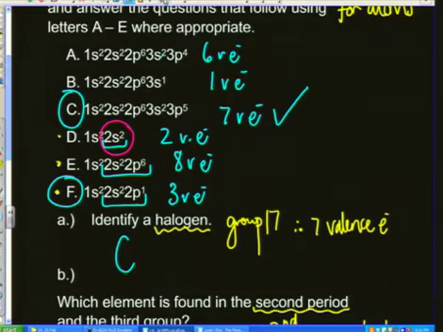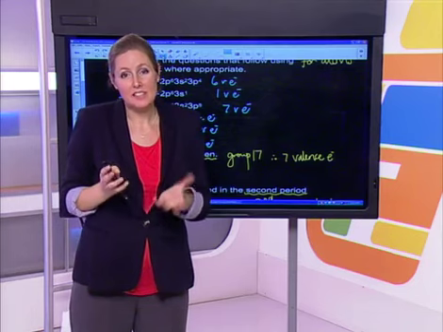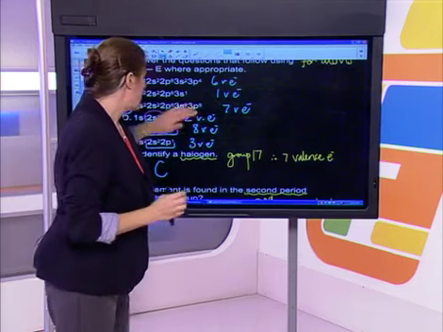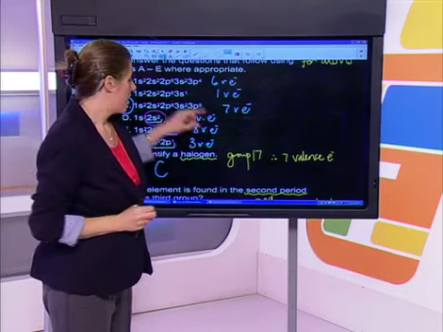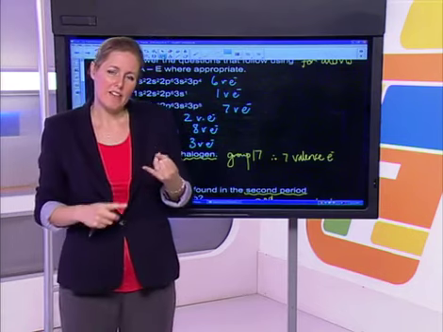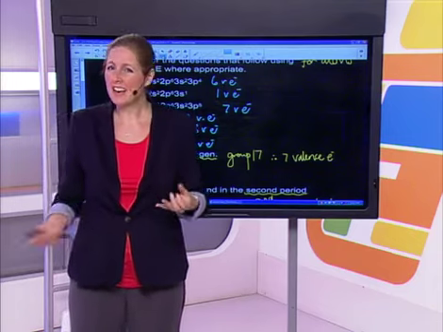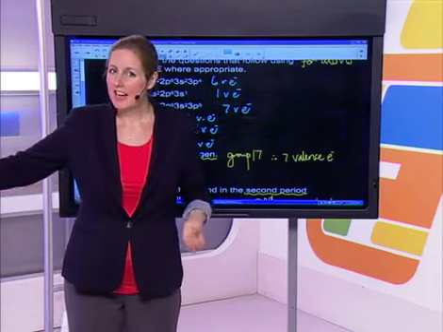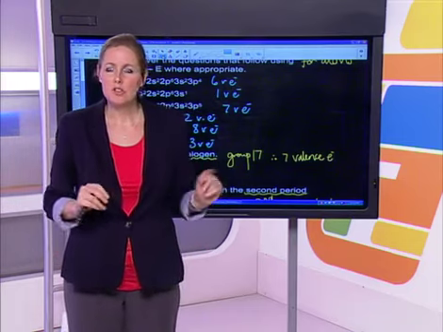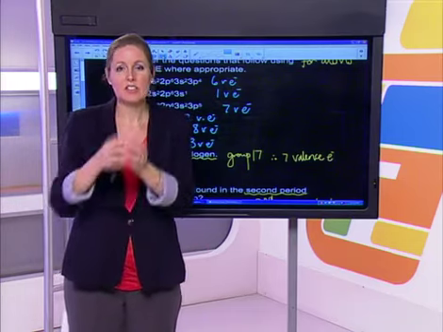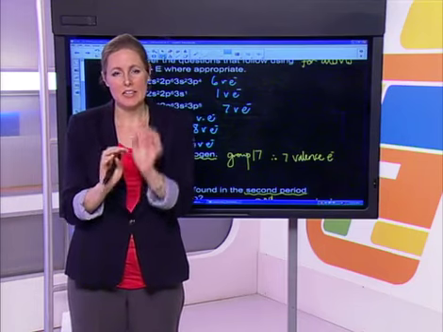Now, going back to these, it's helpful to recognize when things bond, that they're going to want to have a filled outer energy level. So which is the shortest route to get a filled outer energy level? Those that only have one valence electron or two valence electrons, they're going to have to gain, for one, an extra 7 valence electrons to get a filled outer energy level, or for two, an extra 6 valence electrons to get to that filled outer energy level of 8.